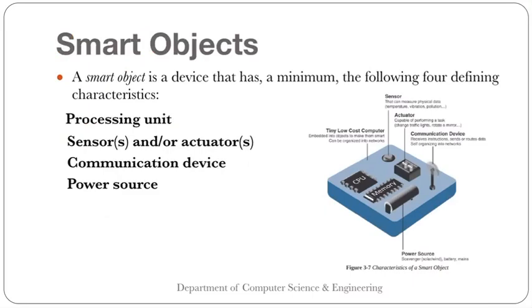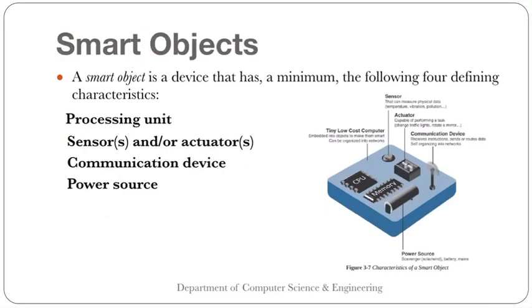The CPU is a tiny low cost computer embedded in an object to make it smart. If the CPU is there, that object will be able to decide things on its own. So it will become smart, and can be organized into networks.